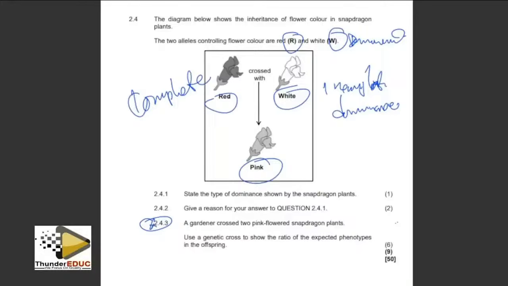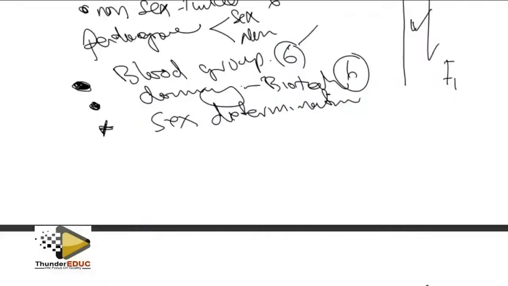They're saying a gardener crossed 2 pink flowered snapdragon plants. Using the genetic cross, show the ratio of expressed phenotypes in the offspring. Now, remember I told you that the first thing you need to do is to write P1, F1.